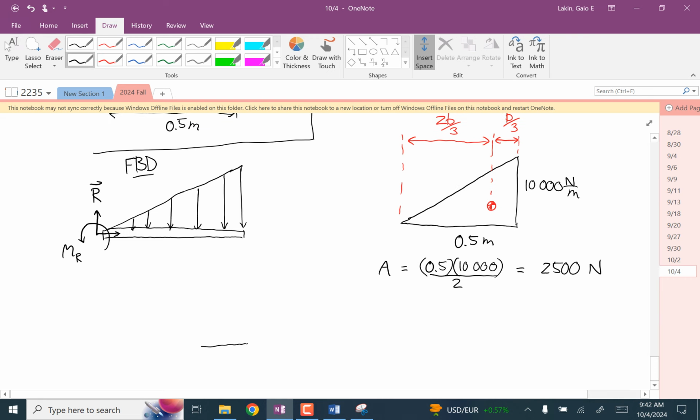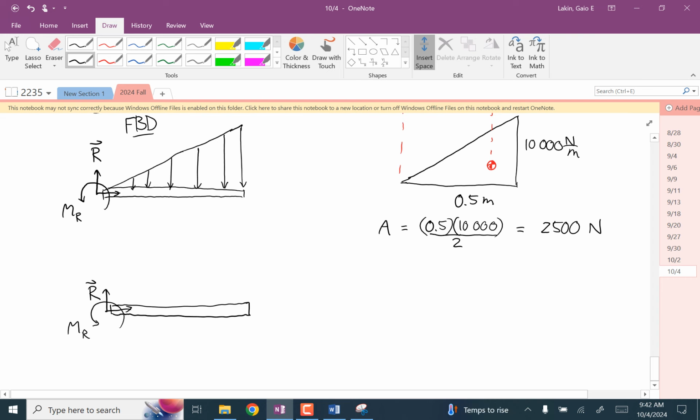And so I'll draw the free body diagram again. But this time I'm going to replace that distributed load with a point force. The total value of that point force is 2,500 newtons.